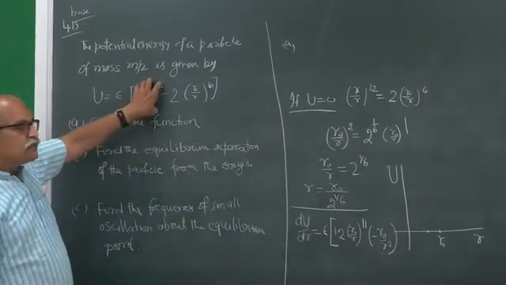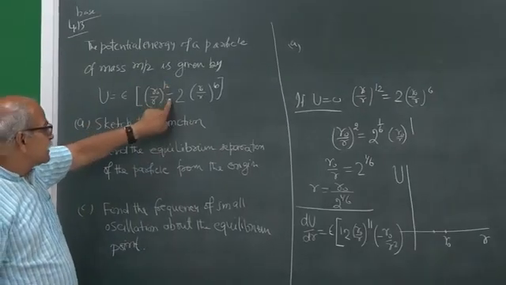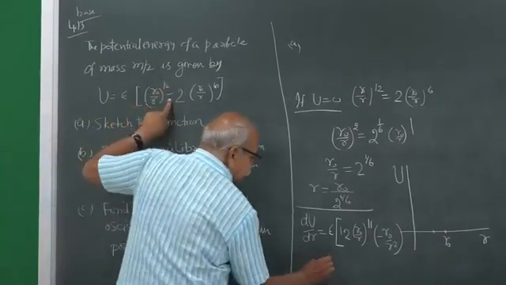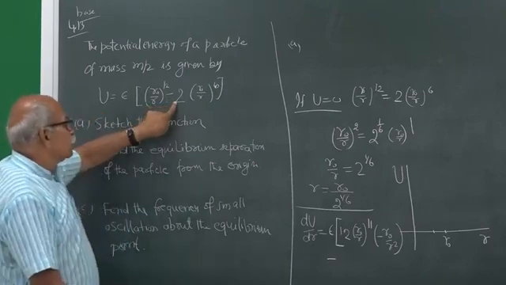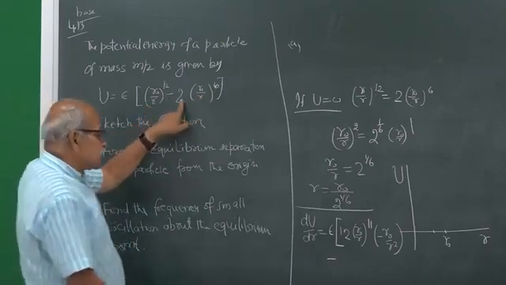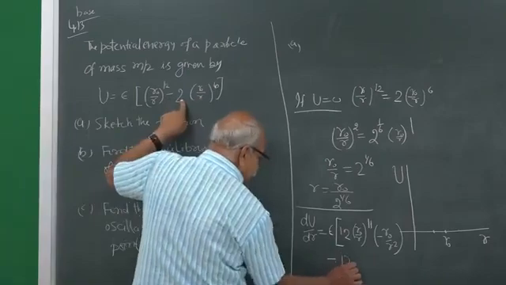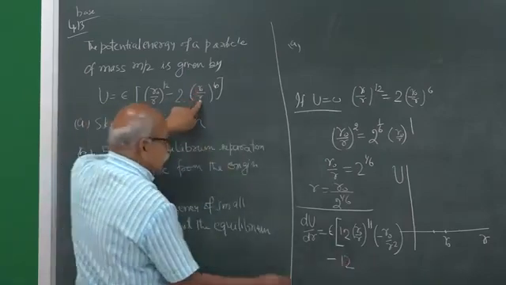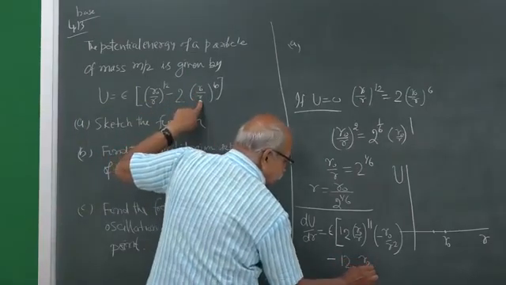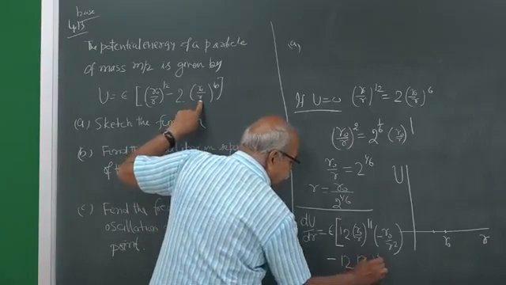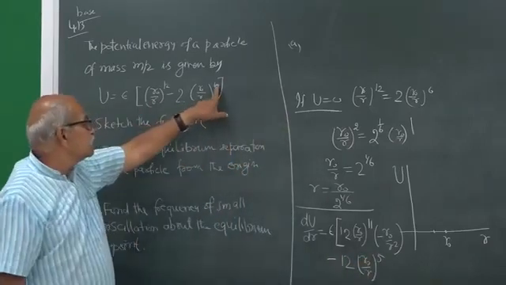So, the first term we have differentiated. Come to the second term, minus 2 into this 6, that is 12. So, 12, and then r naught by r to the power 5, right, 6 is here.